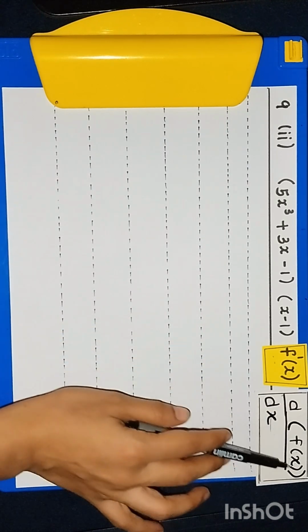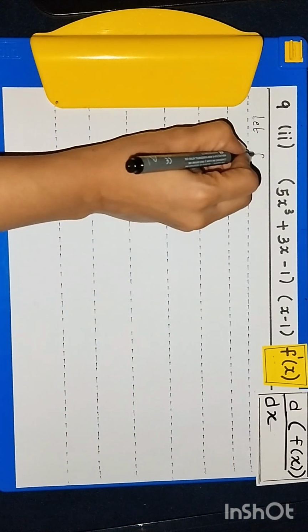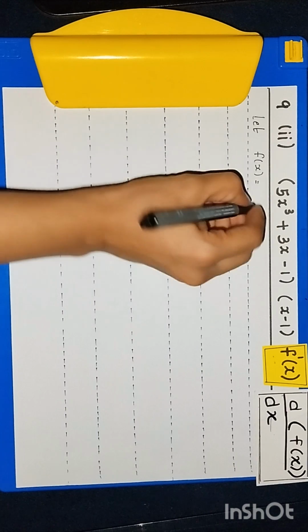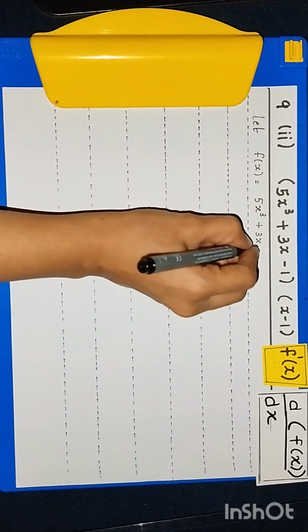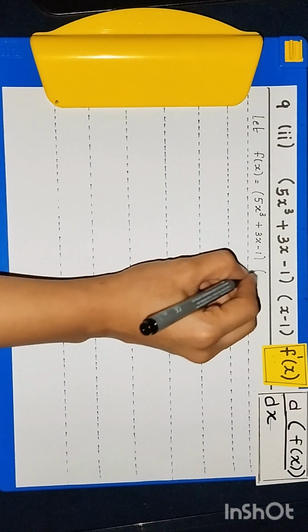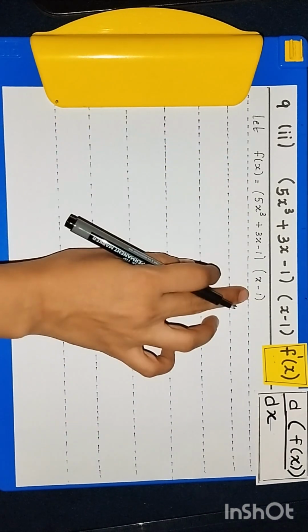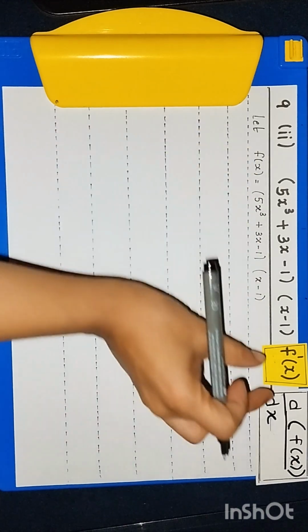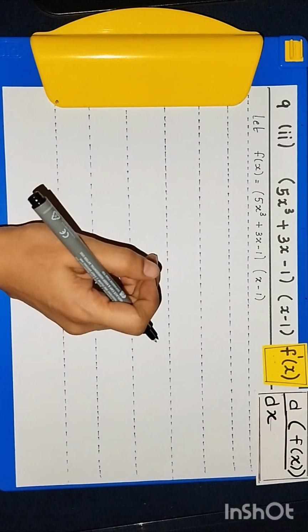So first let us label the function. Let f of x is equal to (5x cube plus 3x minus 1)(x minus 1). So this is the f of x function. We will differentiate and get f dash of x or d by dx of f of x.